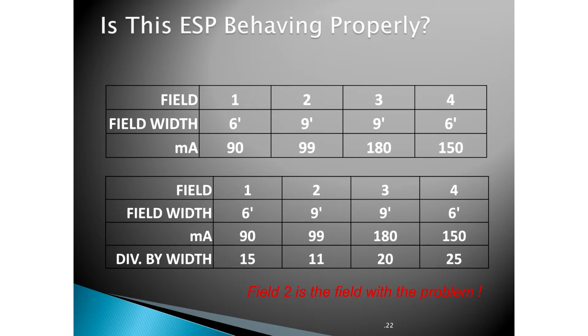Then 20 and 25. So now when you look at it, you can see current is going down and then up and then up. And the problem here is actually with the second field, because current should go up and it's going down. And it's not the outlet field. The milliamps are going down, but those milliamps are spread over a lesser area. So if you measured the current per square foot, or the microamps per square foot, that would also be an indicator, but that's just a simple thing for looking at them.